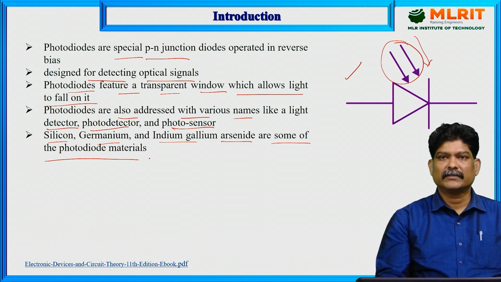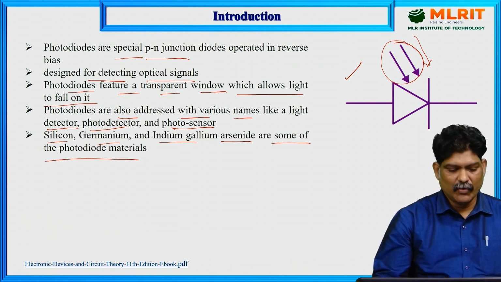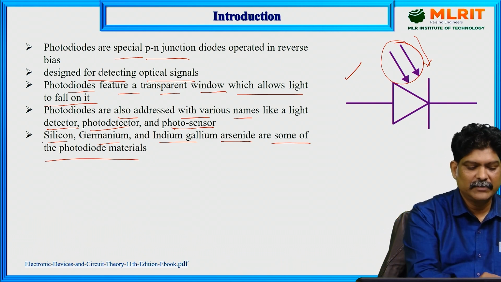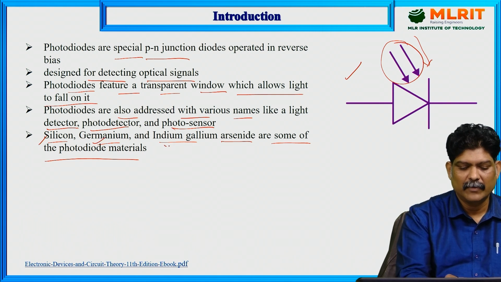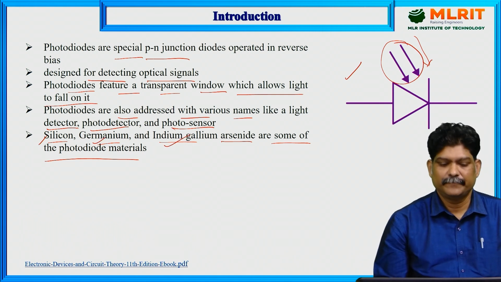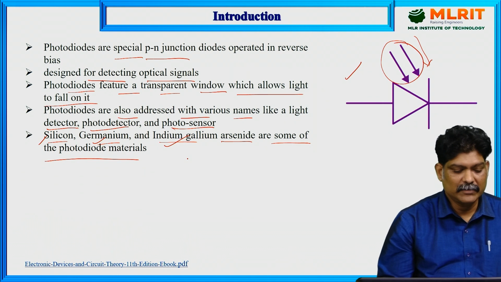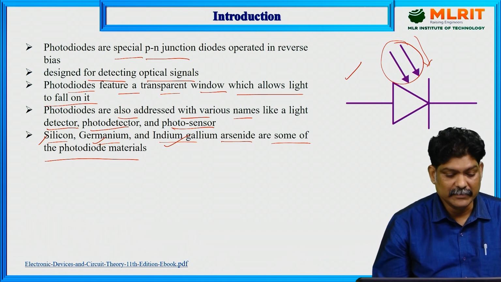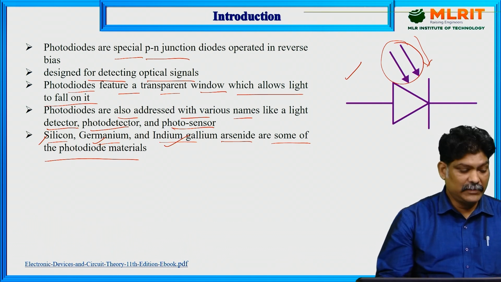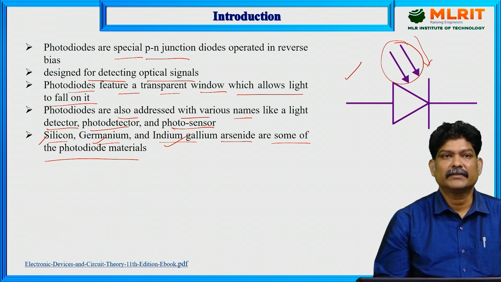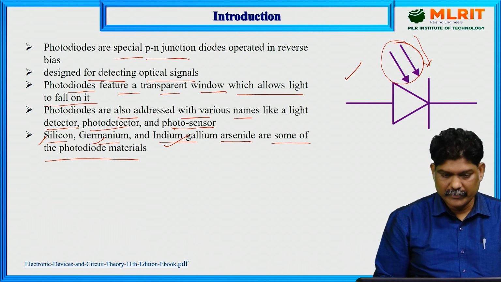To manufacture photodiodes, we can use silicon, germanium, indium gallium arsenide. So this is about introduction to the photodiode.